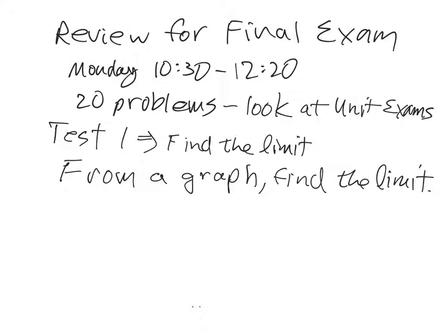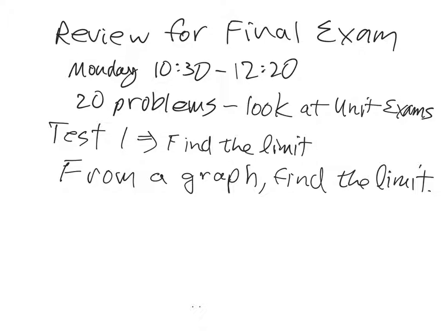And if it does not approach the same number from both sides, then the limit does not exist. Also keep in mind, this is not the function value at that x value, but what's happening around, say, x equals 2. So keep in mind that, and then also the notation, refresh your memory on those.